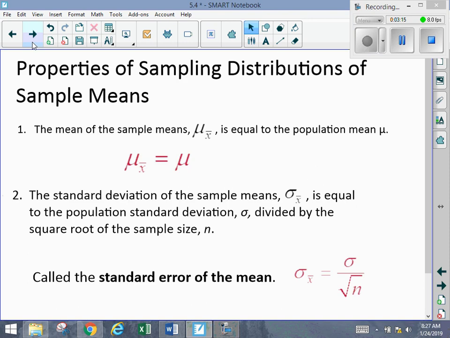Okay, so the mean of sample means, we call that mu sub x bar. It's the same as the population mean.